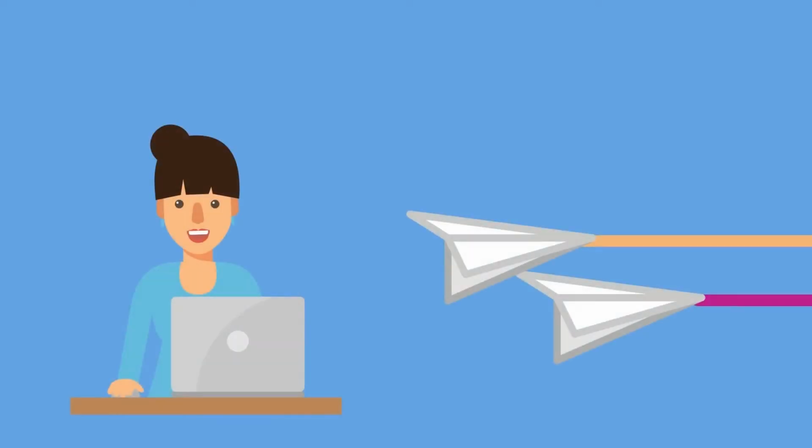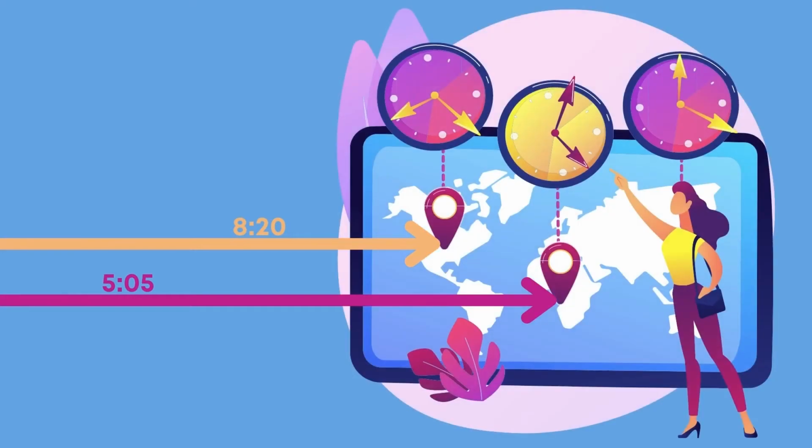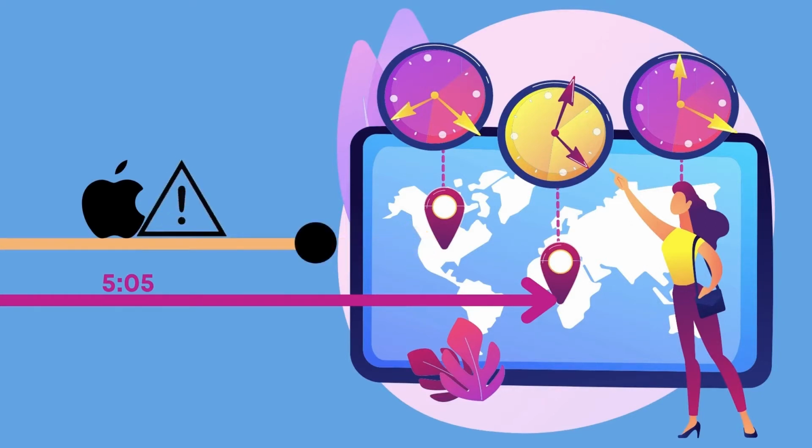Aside from open rates, what else is going to change? Well, as I mentioned at the very beginning, location is something that the new update is going to hide. So if you plan to send emails and the email provider you use has a way to schedule those emails to go at different times of the day based on the recipient's time zone, that functionality is not going to work with Apple Mail anymore because you're not allowed to know where they are.